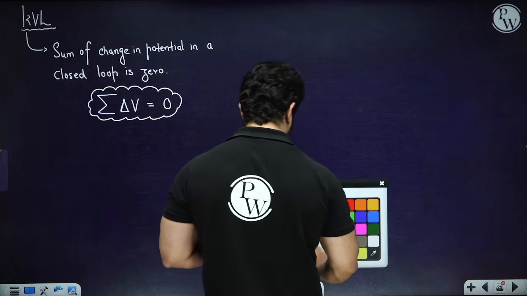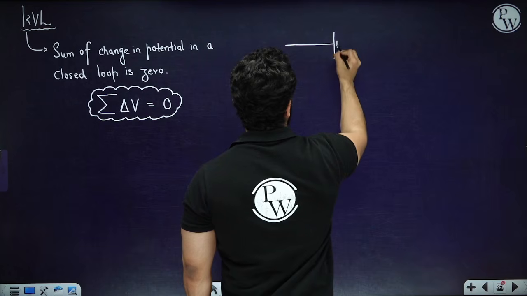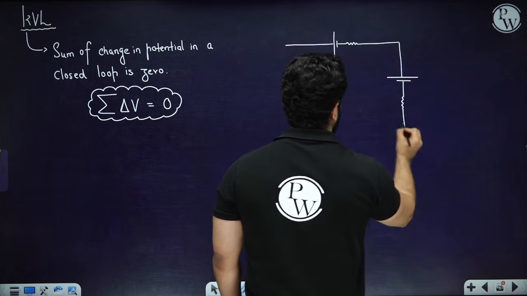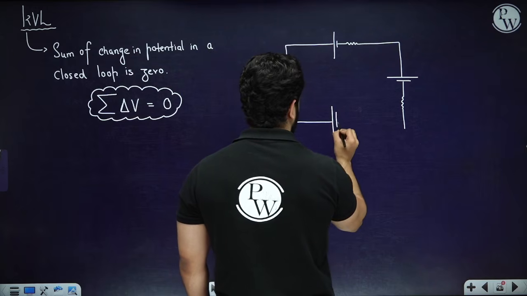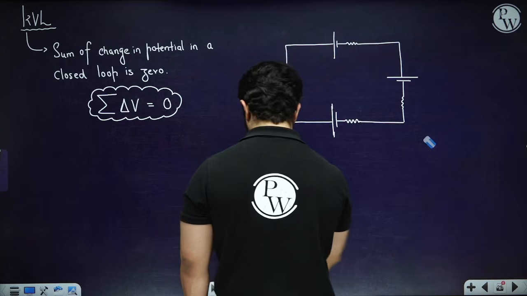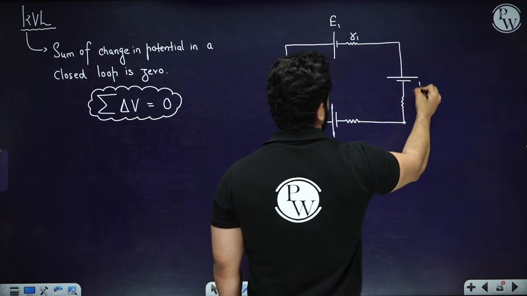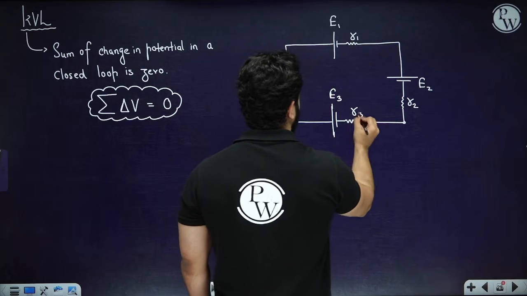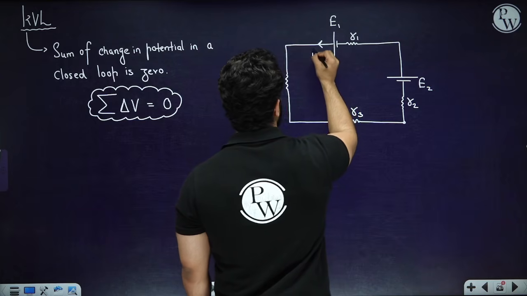So let's say this is E1, R1, E2, R2, E3, R3, and this is R4, and the current that is flowing is I in this direction.